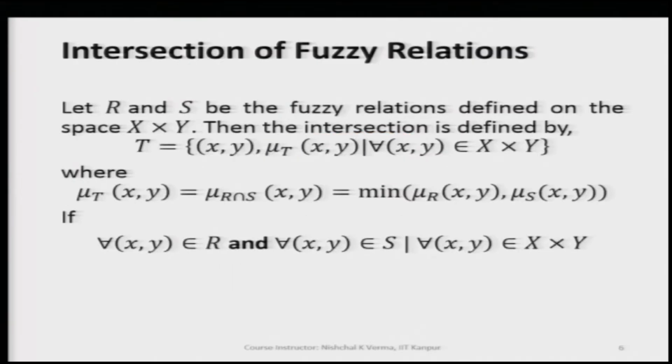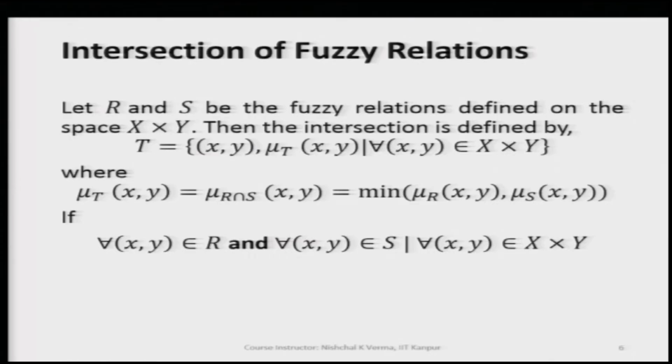Now, let us understand the intersection of fuzzy relations. We have to have an additional term in the set. So, the set T here will have the associated membership values, which was not there in the crisp set, and you know why.